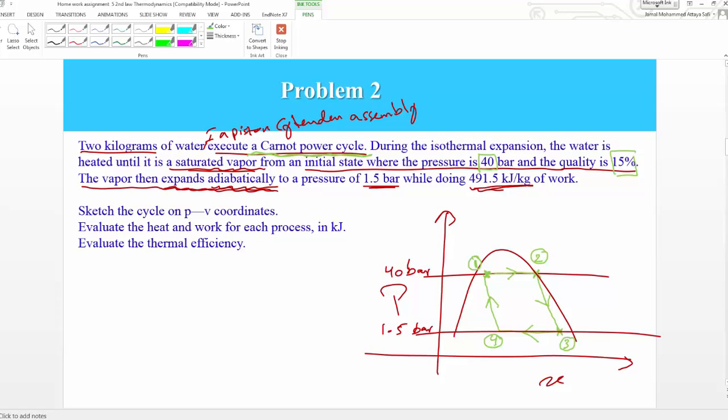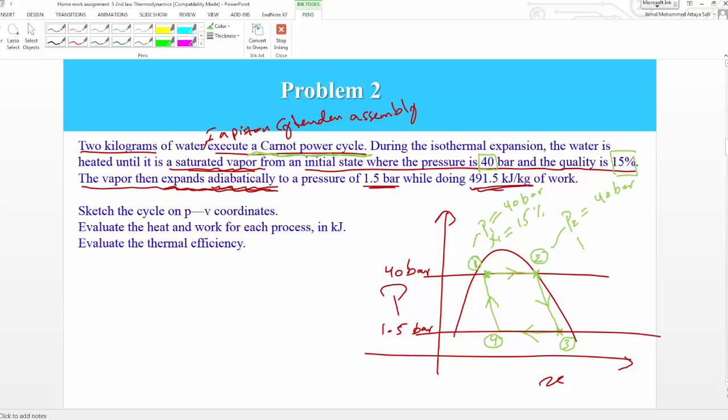Let's start with one. What do we know about state 1? We know that the pressure is 40 bar, and I also know that x1 is 15%. I have two independent properties, which means that state 1 is fully defined. Let's look at state 2. I know that P2 is equal to 40 bar.